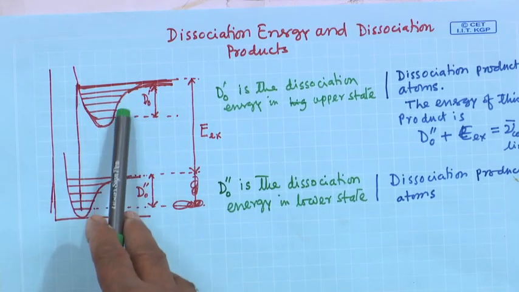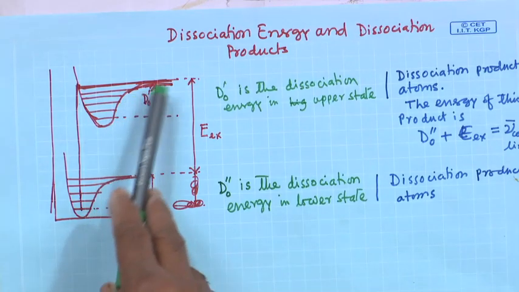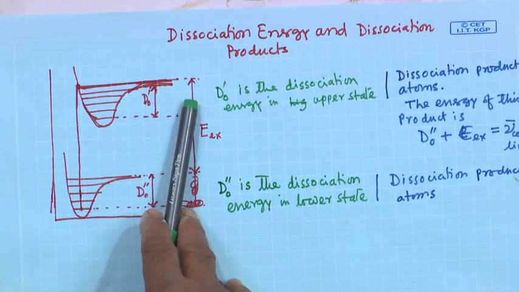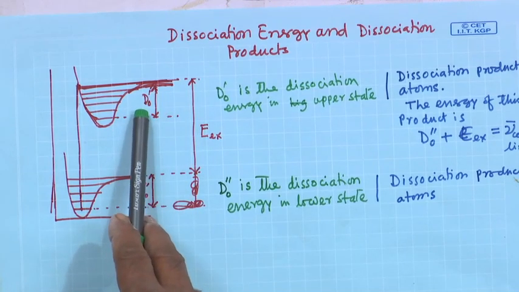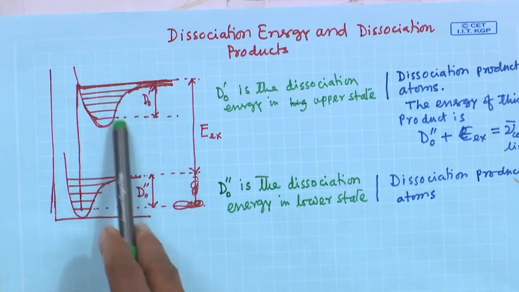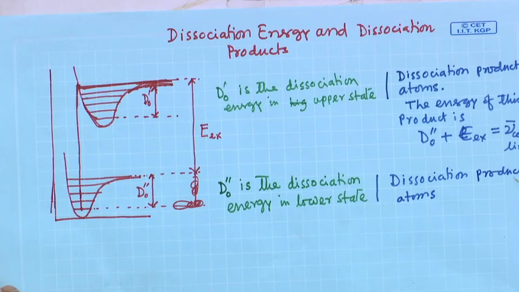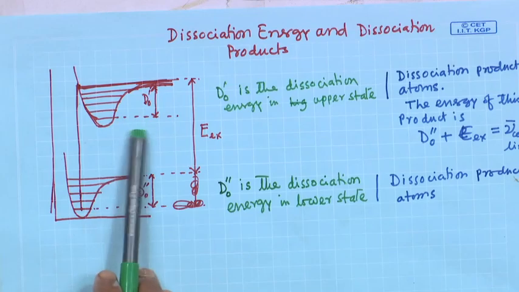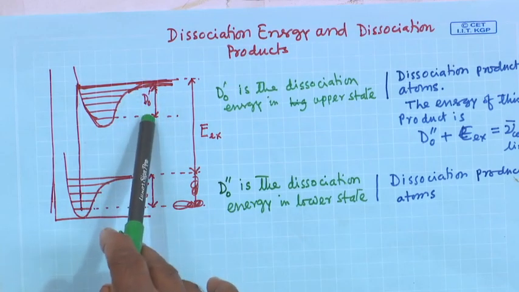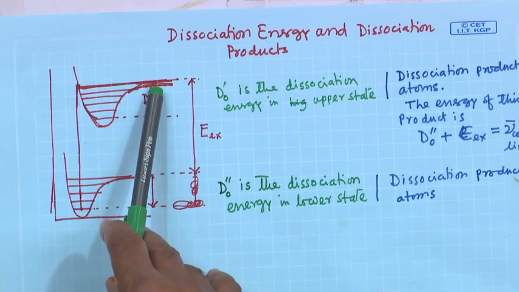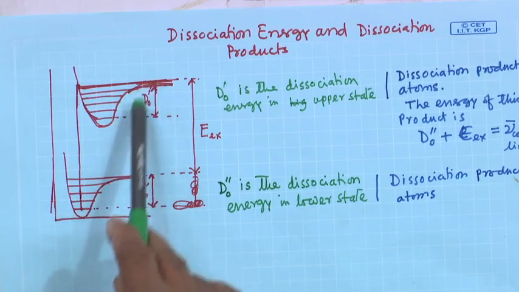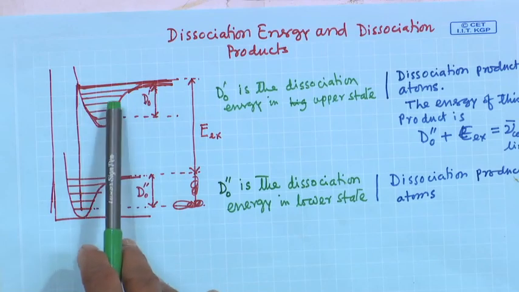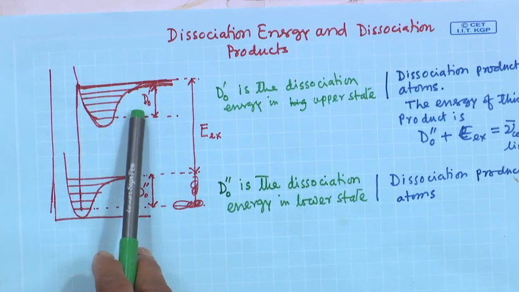If the molecule dissociates, if the molecule breaks, what is the dissociation energy for this excited electronic state? This is basically D0 dash. So, this much energy is required to break the molecule when the molecule is in the electronic excited state.